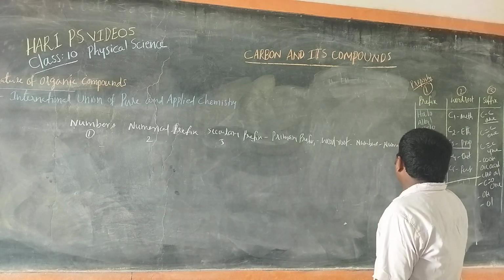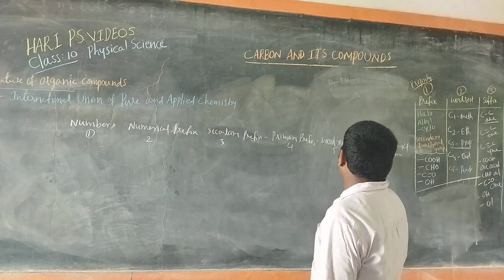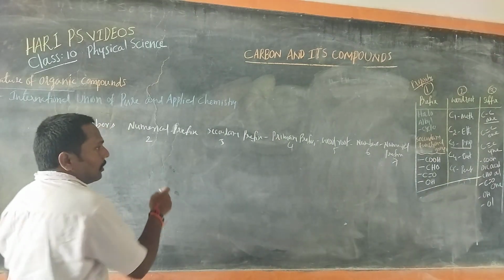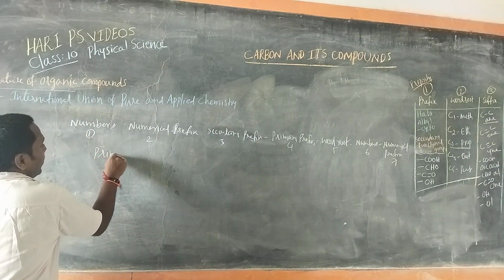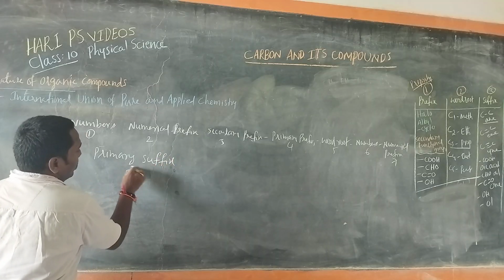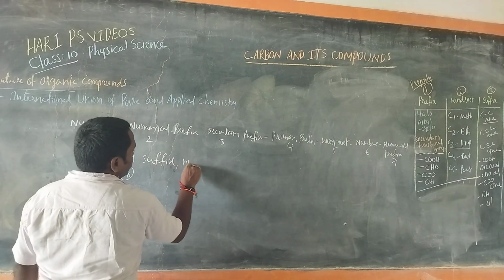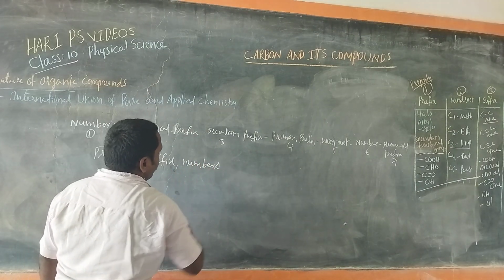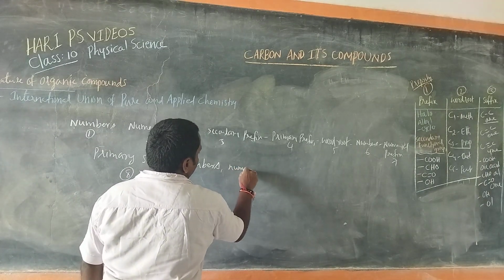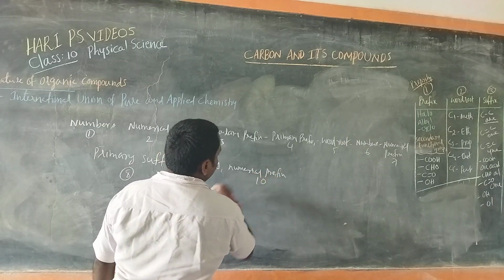So numerical prefix 3, 4, 5, 6, 7. After that we can write primary suffix; say the order is 8. Then numbers, then numerical prefixes. Numerical prefix is 9 and 10.